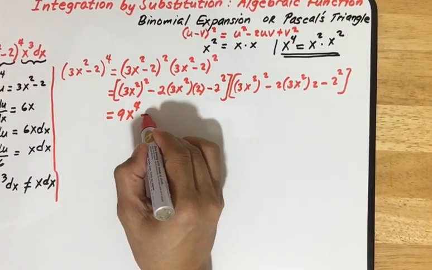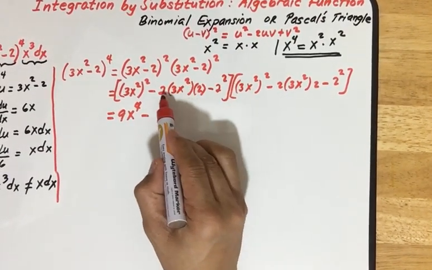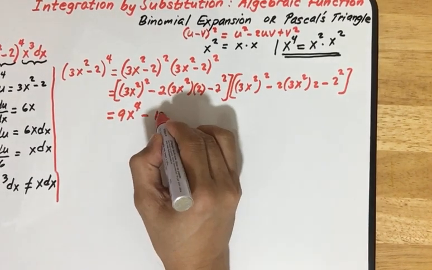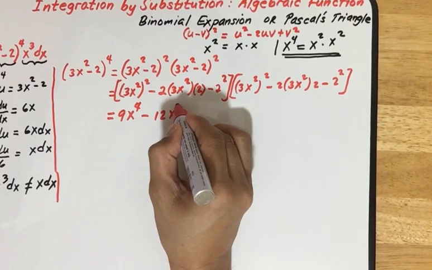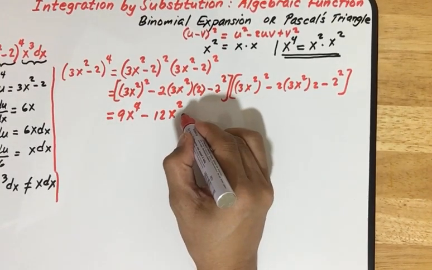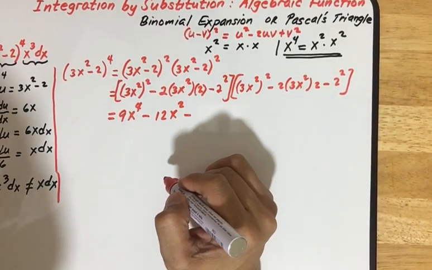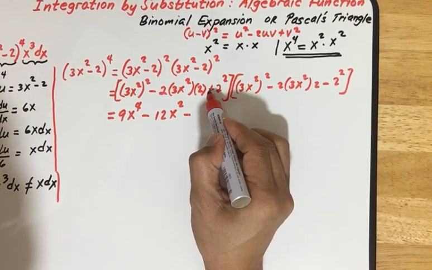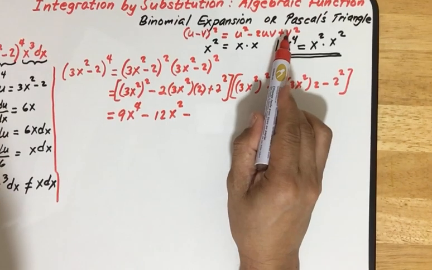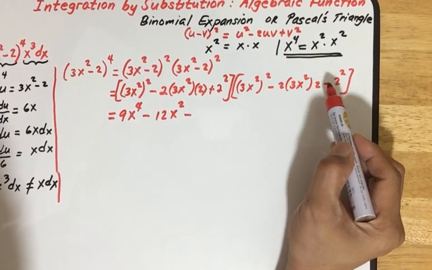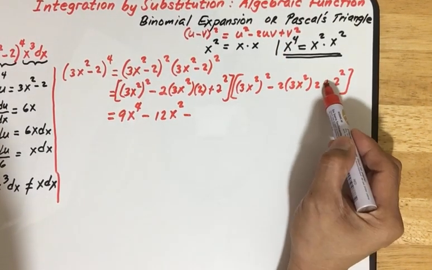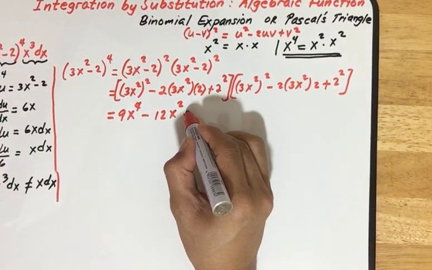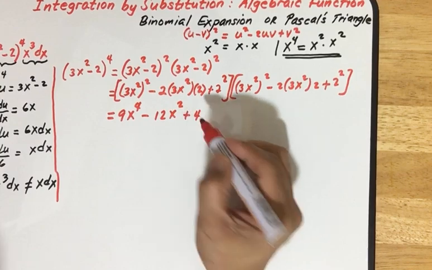And minus, you have 2 times 3, 6, times 2, 12. So this will be 12x squared, then plus. Sorry, this should be plus, class, because using this formula the third term should be plus. So this would be plus 4.